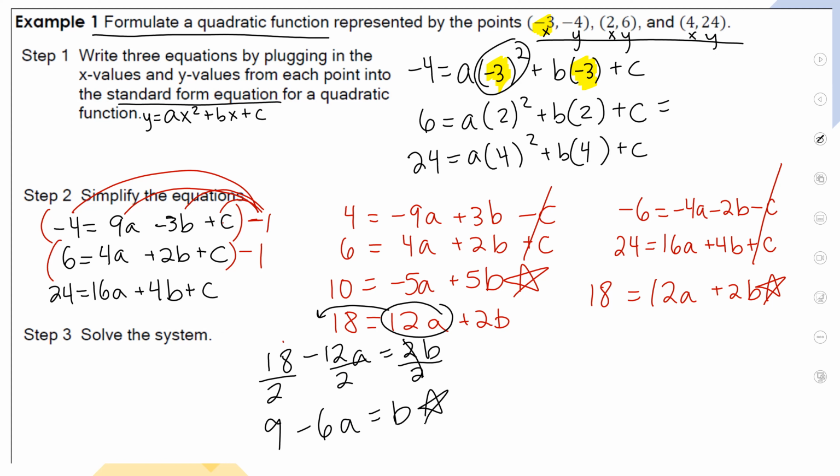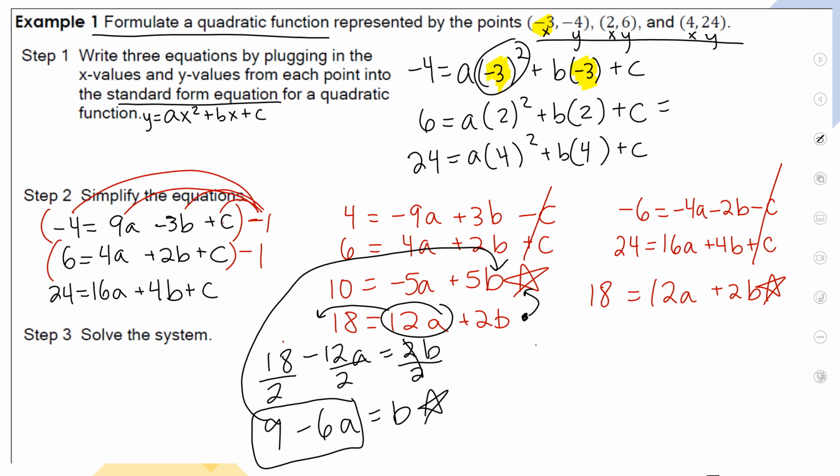Now, we're using the substitution method. That means I'm going to plug this into this b right here, into the other equation. We just manipulated this one, so we're going to plug this into this.